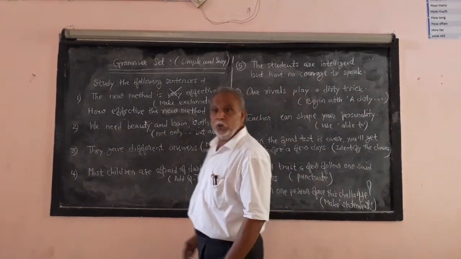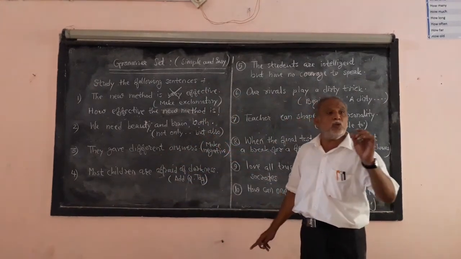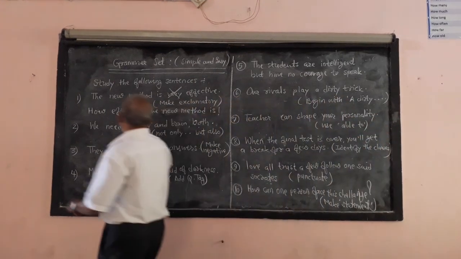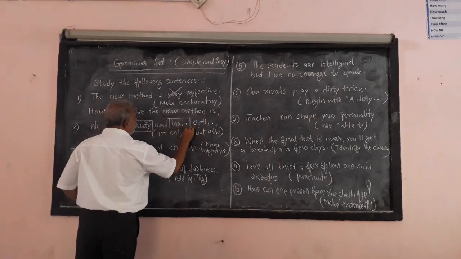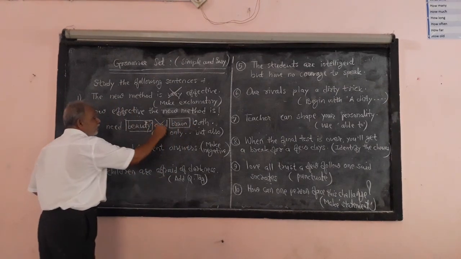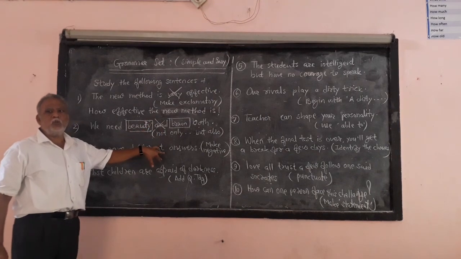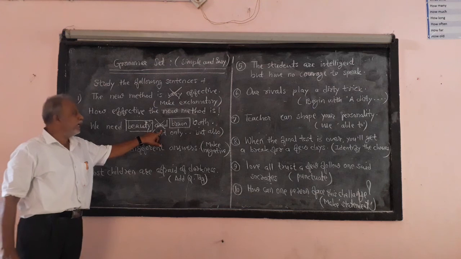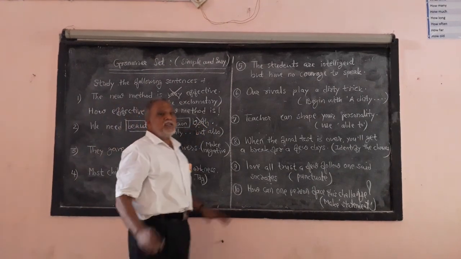Second sentence, we need beauty and brain both. Not only but also. See the instruction. You have to point out the two different points. Which are the two different points? One is beauty and another is brain. Remove and. There may be as well as. Remove that also. If there is as well as instead of and, you have to remove it. Remove both. There are some other words.